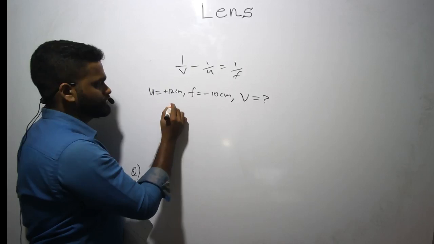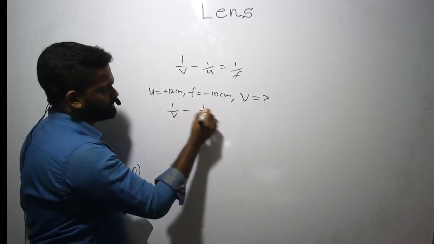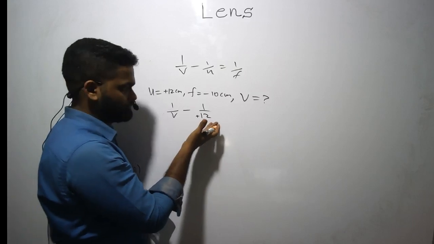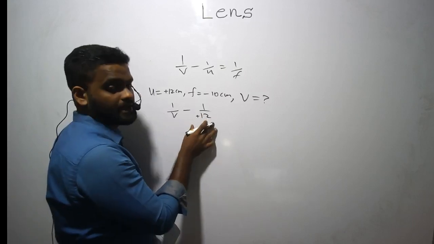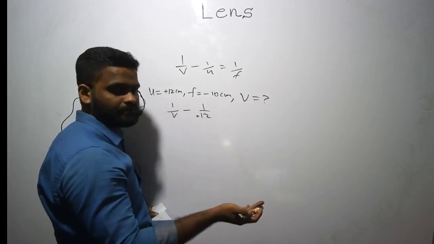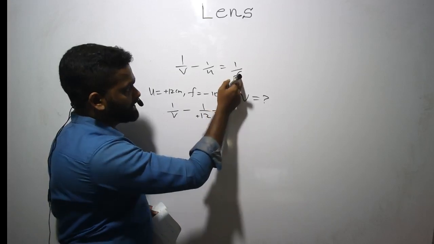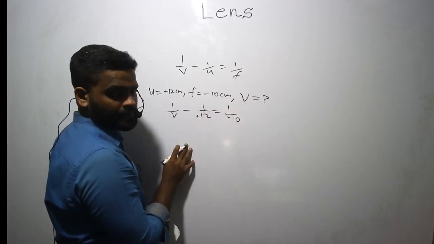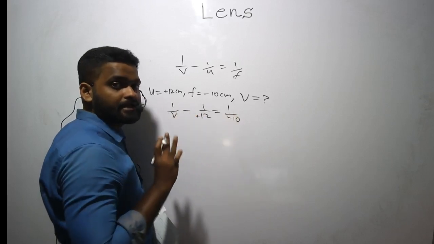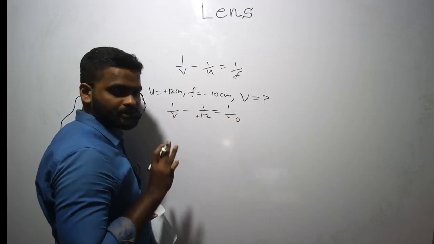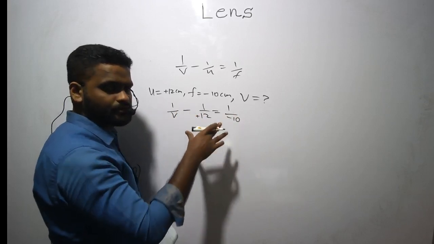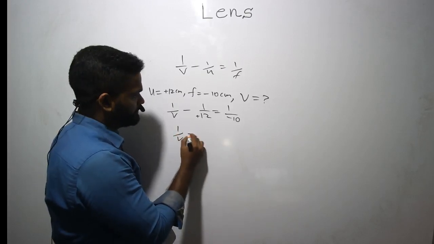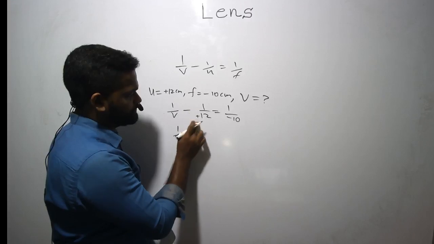Then you just substitute it here. u is plus 12, 1 over 12, doesn't make a difference, but plus 12. You have to correctly apply that, otherwise you will get a completely different answer. Equals f is minus 10. Now we are done applying the sign convention and the substitution. After that, you just do a usual simplification. It is a minus here, minus 1 over 12 goes to the other side.